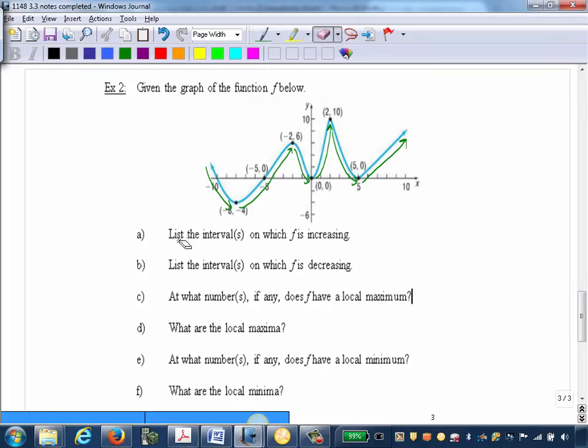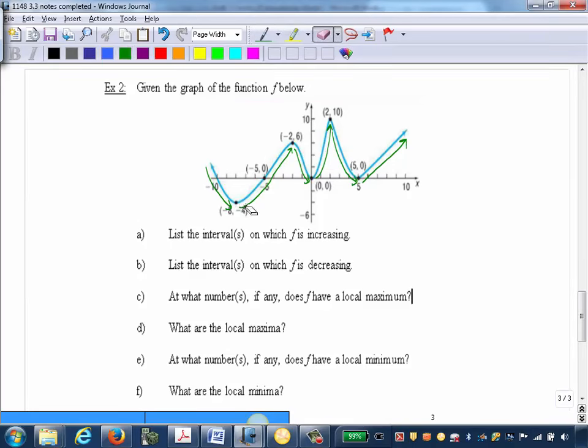So now when I go to Part A and list the intervals on which it's increasing, I'm just looking for the arrows that are up. So I've got an up arrow here, I've got an up arrow here, I've got an up arrow here. So now I'll use interval notation to describe those regions.